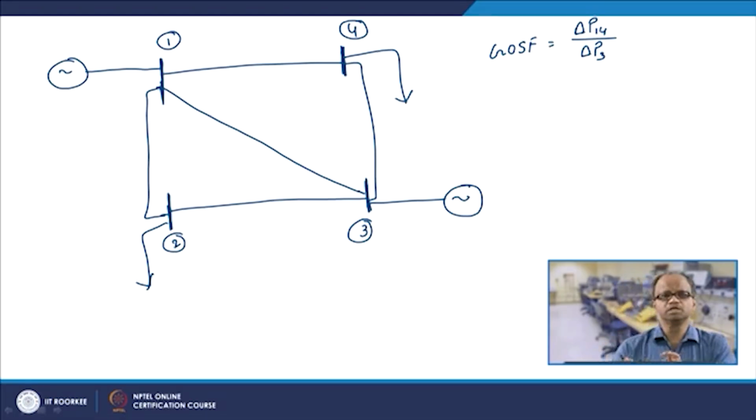Now, the question is from which reference this change would be measured. Whenever you are talking about any change, obviously that change has to be measured from some reference value. This particular reference value is essentially nothing but the pre-contingency steady state.